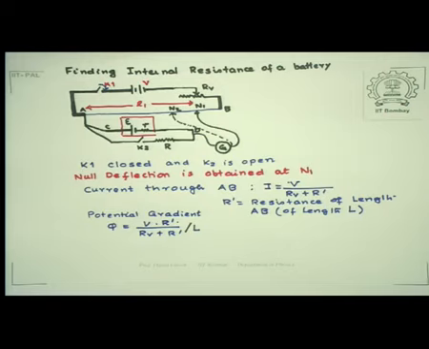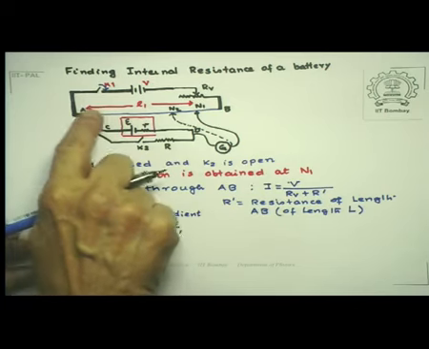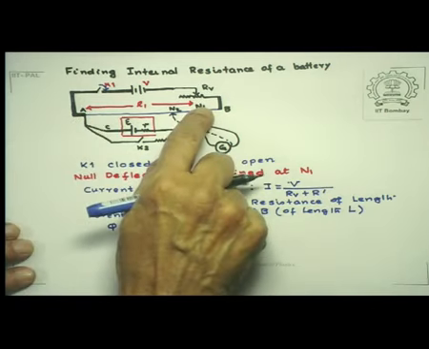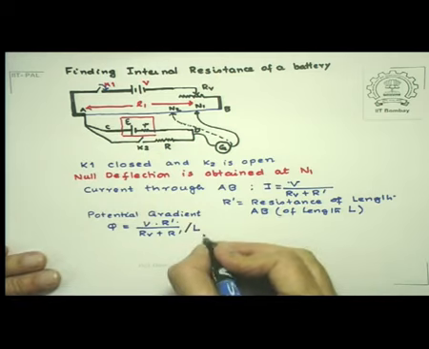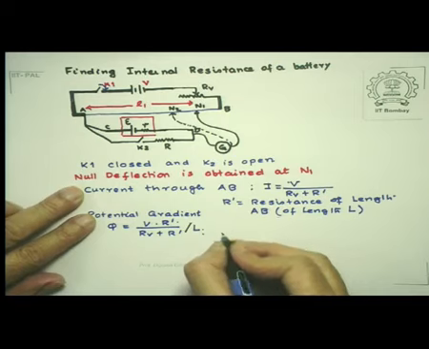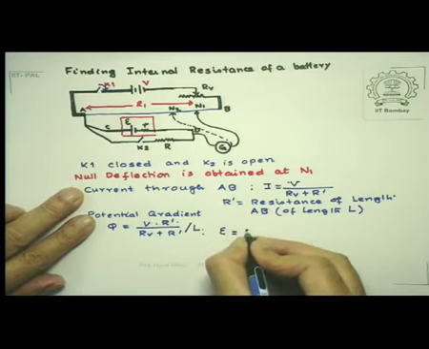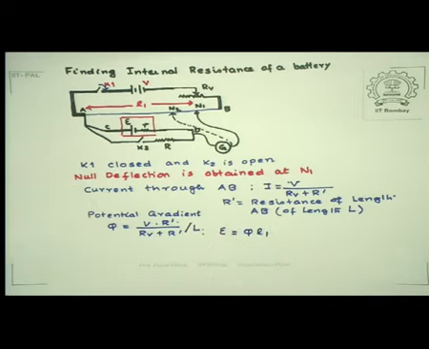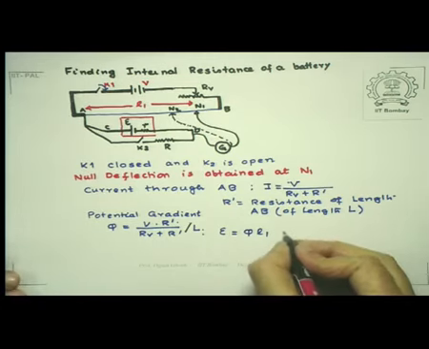This is essentially the potential drop per unit length. Now since the balance has been obtained at a length L1 and it has been balanced against the EMF E, I have, for the first part of the operation, when the null deflection is obtained, E is equal to phi L1. Let us emphasize by saying for null deflection.